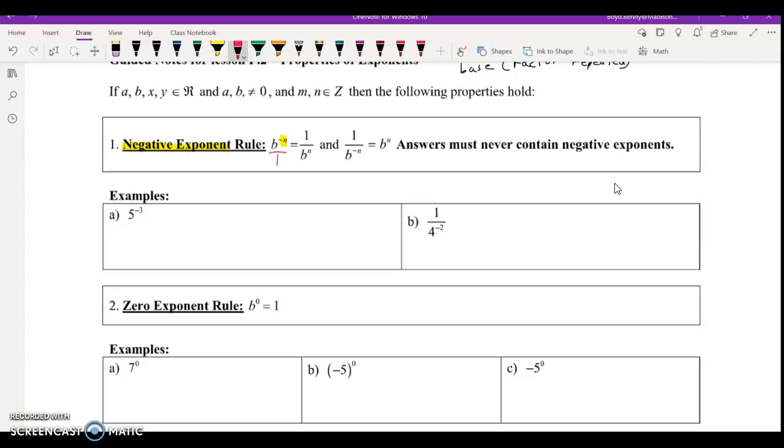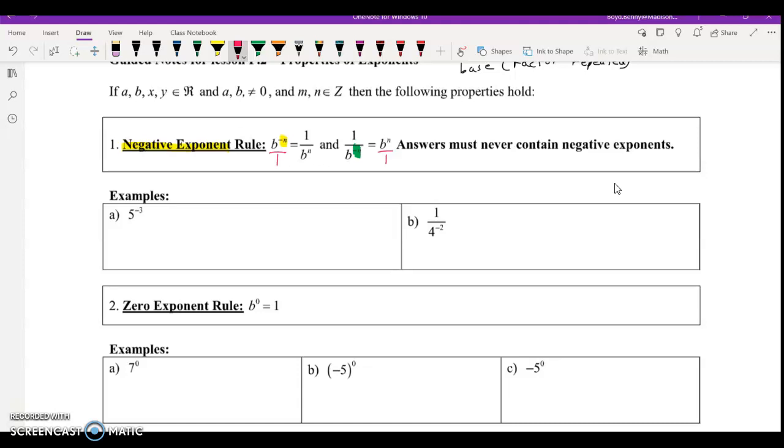Same thing is true here. Notice that the negative exponent is in the denominator this time. And when this fraction flipped over, this exponent became positive. So let's take a look at these two examples here.